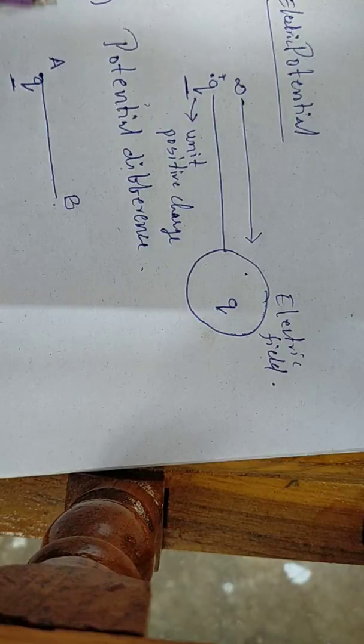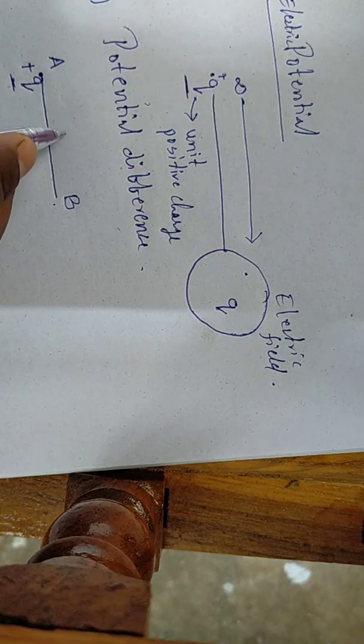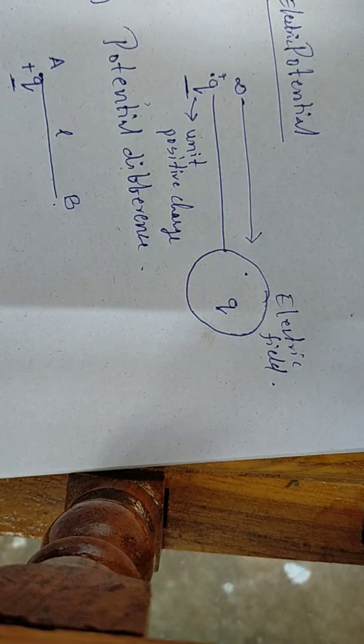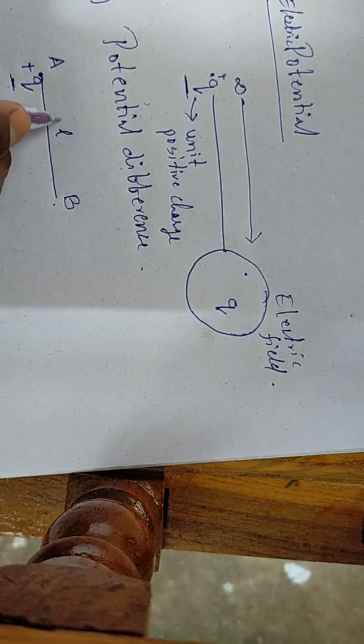There is an electric field, either from a battery or an induced electric field in the conductor, whatever it is. The electric field is doing some work on this charge, to move a unit positive charge from one point to another through a distance L, or d.